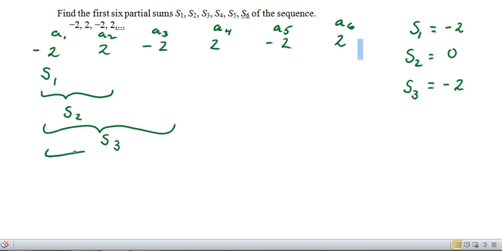S sub 4 will be the sum of the first 3 plus the 4th, and so -2 plus 2 is going to be 0 again.